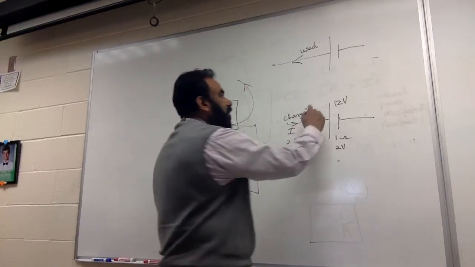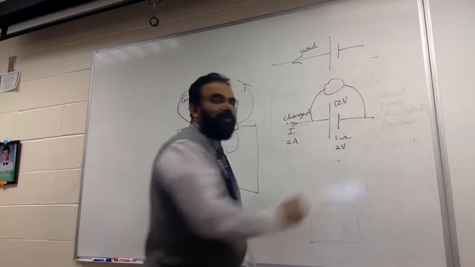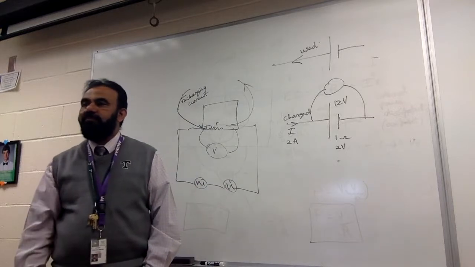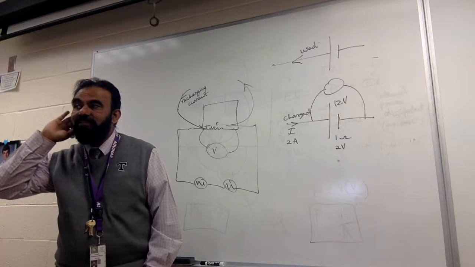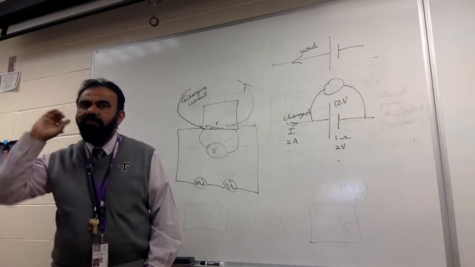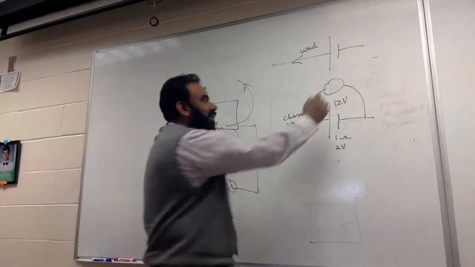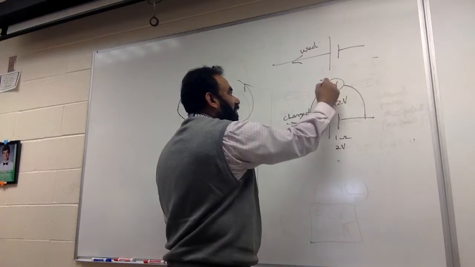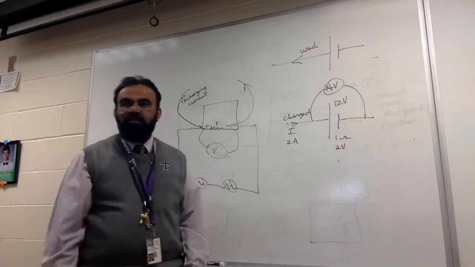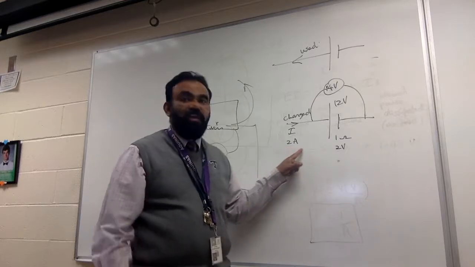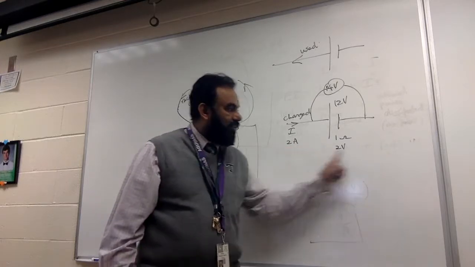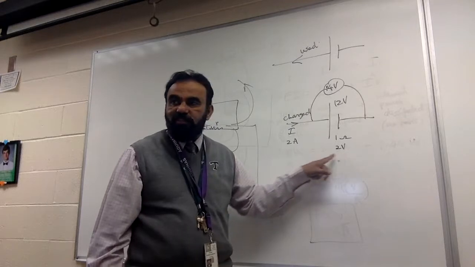And if I put a voltmeter across here, how much will it read? Why? Because when the current is flowing into the cell, the current is going this direction. So which end of the two is positive?